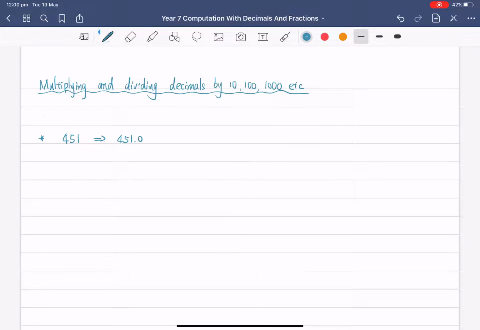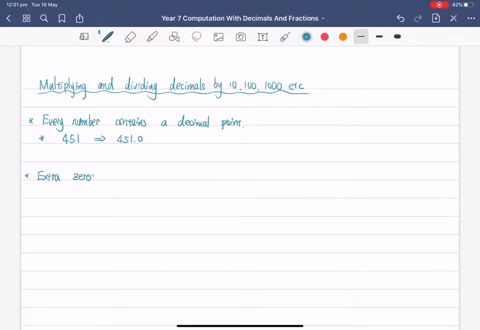All right, so every number contains a decimal point. Very important. And then extra zeros can be added in the columns to the right of the decimal point without changing the value of the decimals. In a later stage, you will learn that the degree of accuracy will be slightly different, but we are not going to talk about that here.